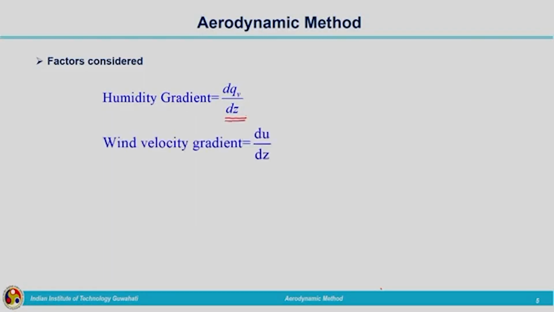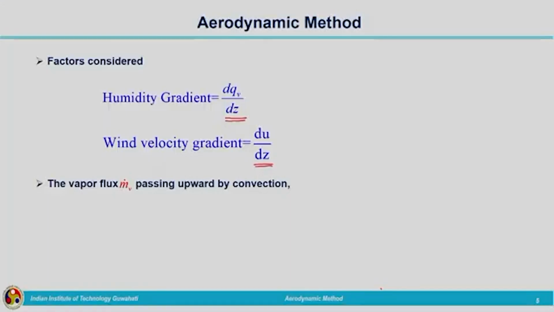And the second one is the wind velocity gradient, that is represented by du by dz. u is the notation used for wind velocity, and du corresponding to du by dz is considered as the wind velocity gradient. Why are we taking these two gradients? Because these are the two predominant factors which are responsible for evaporation, and these two are considered in the method known as the aerodynamic method.